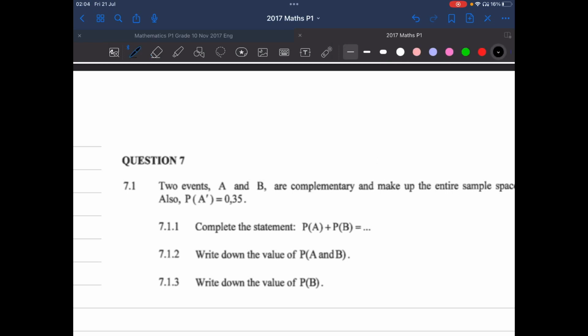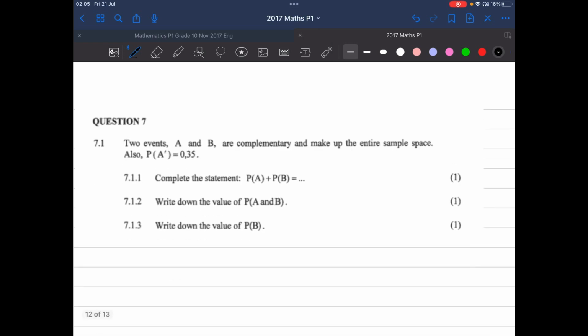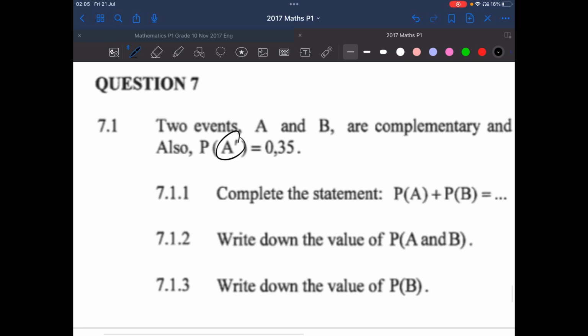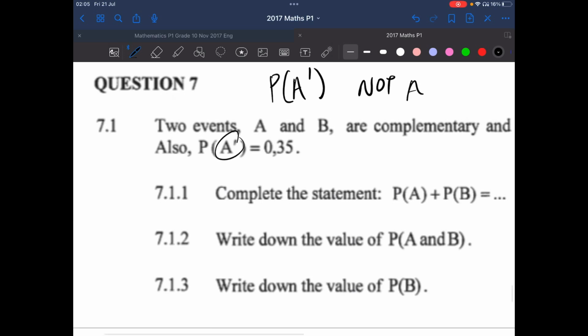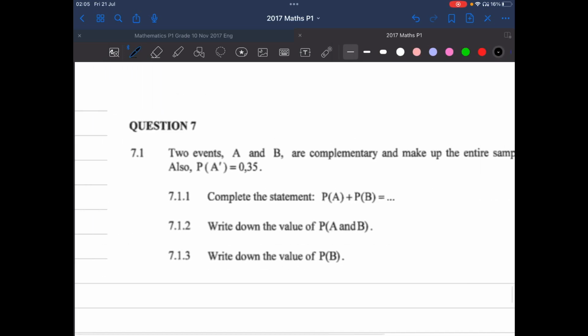Complementary events also make up the entire sample size. Also, P not A: if you see a probability with that little apostrophe, that means it's not A. So the probability of not A is 0.35.